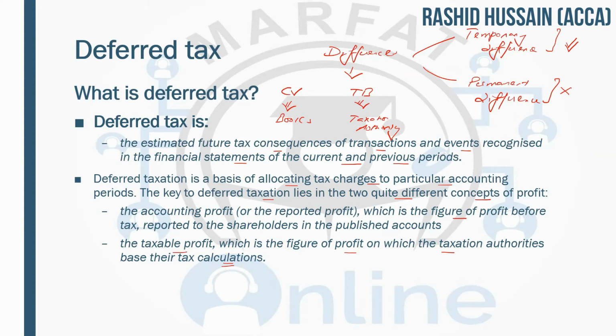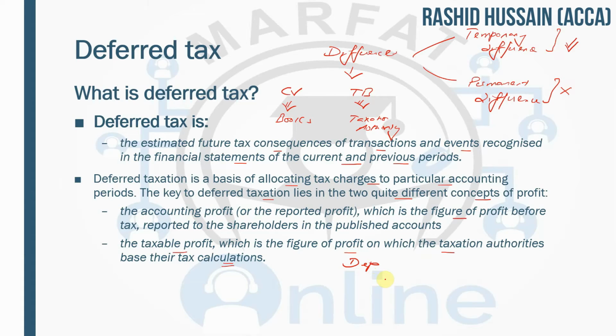Accounting profit is what you have calculated using your own basis, and the taxable profit is the profit which has been calculated by adjusting those things which are not considered by the taxation authority, or for which they provide their own basis, such as depreciation. We know that depreciation is an expense. Now, depreciation is a non-cash expense.